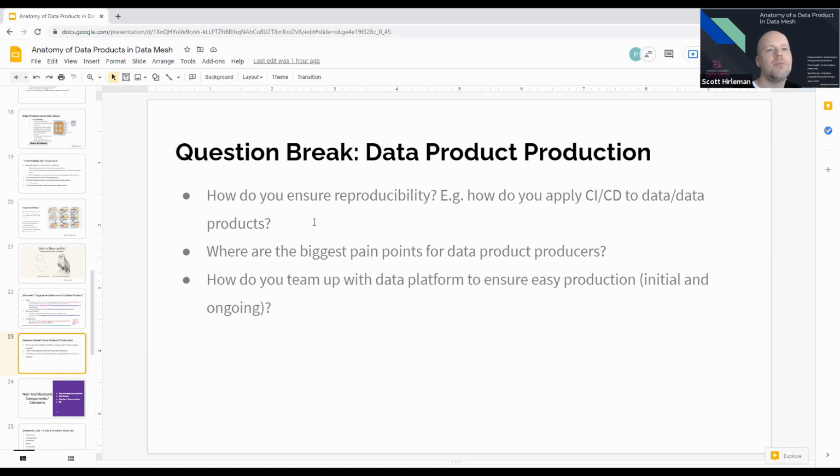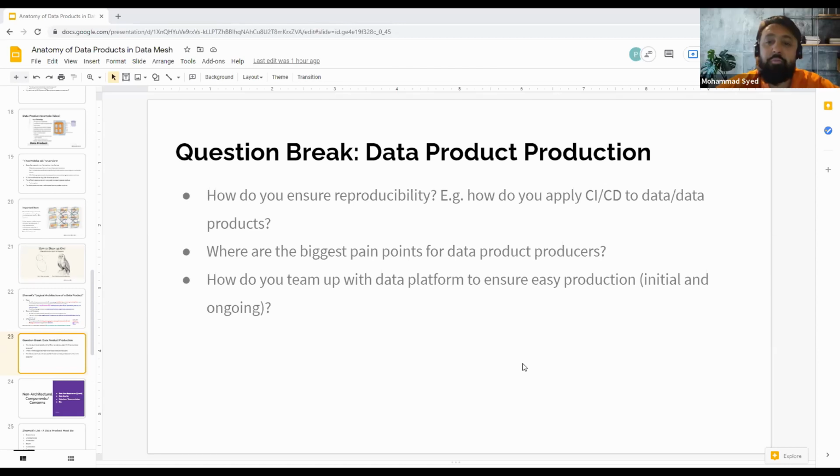And what do you think are the biggest pain points that somebody who's going to create a data product has to look to, or what are some recommendations you have there? And how do you team up with that data platform team?